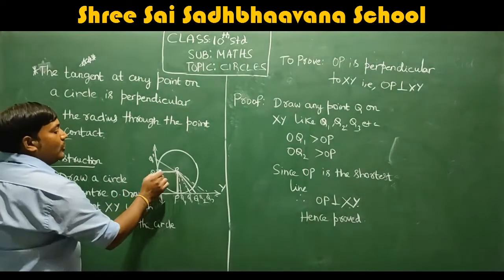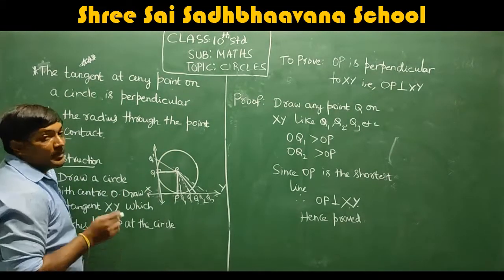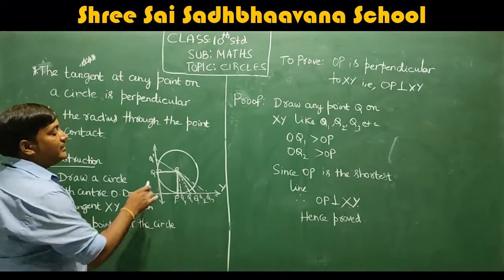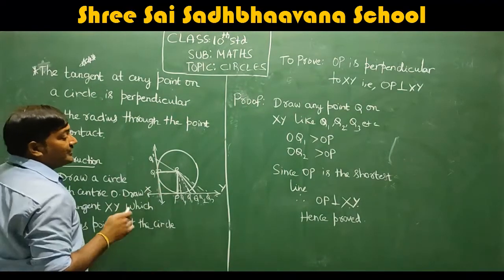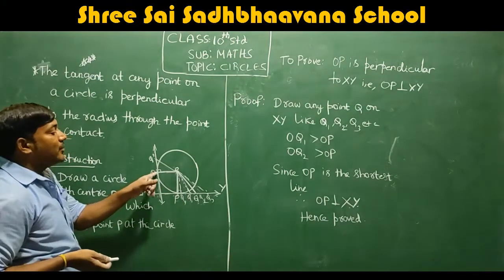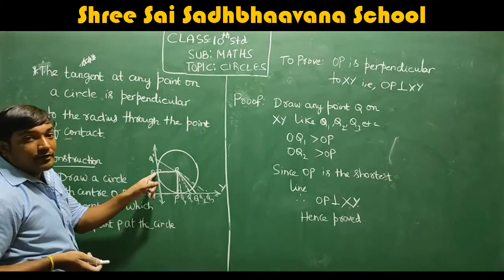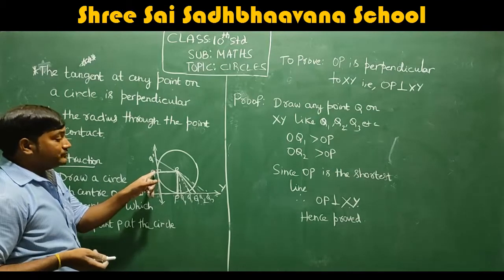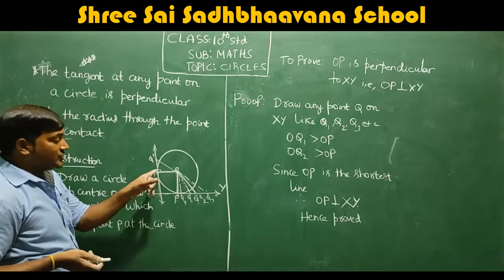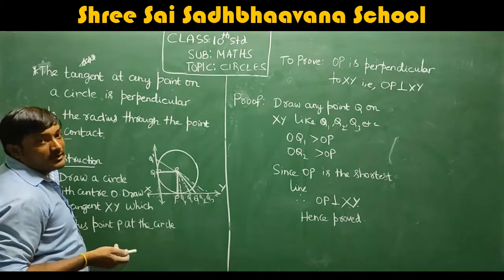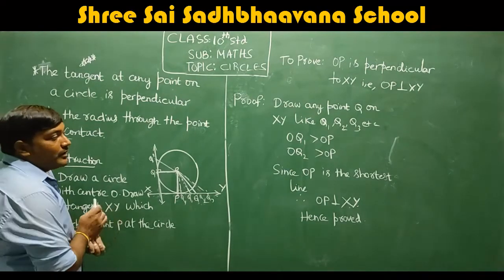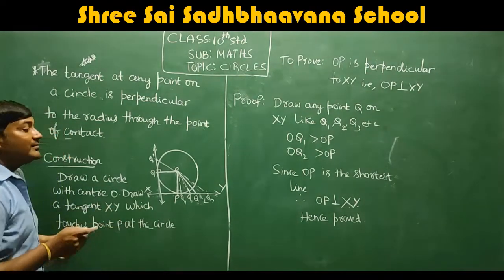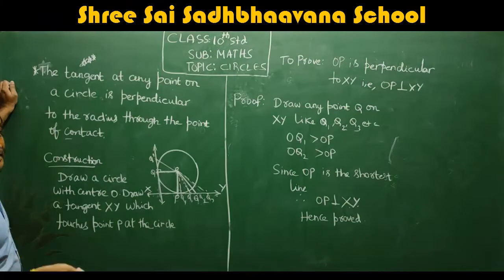So this OQ and this line is perpendicular only when it is passing through the point of contact. Point of contact means the point which touches the circle, which touches the tangent also. As I told you, a tangent is possible for a circle only at one particular point. That is called the point of contact.